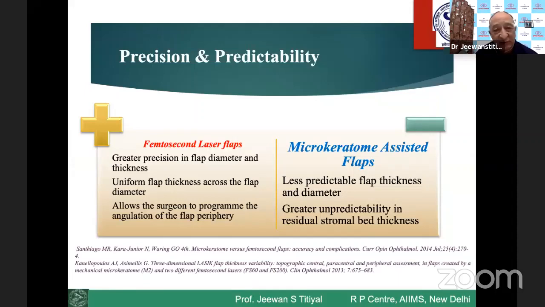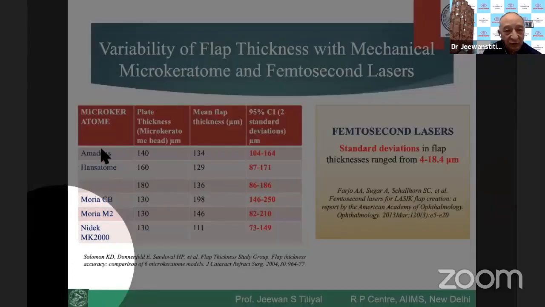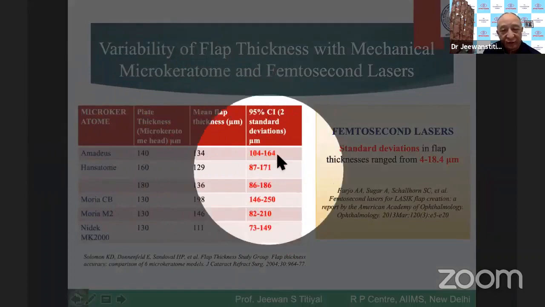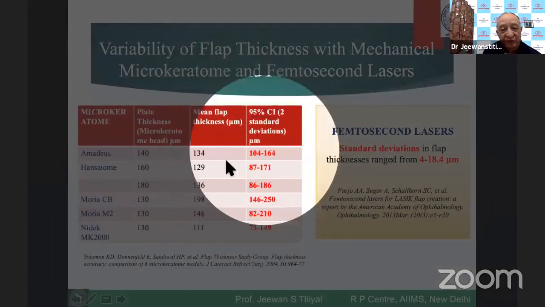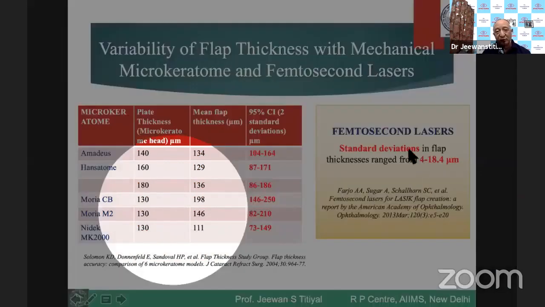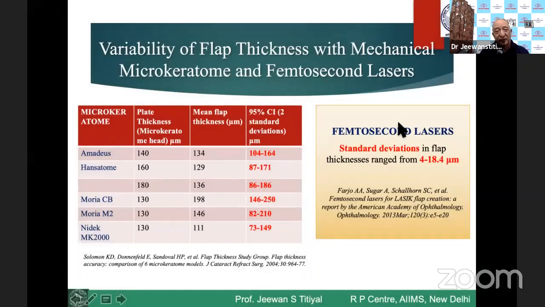It is the flap which makes a difference in these cases. See how much variability it can give you. If you use a keratome for making a flap, if you take 140, the range can be 104 to 164. The huge range deviation can occur in these cases. And femtosecond gives a more predictable cut, which can range from 4 to 18 microns. In our practice, it doesn't go beyond 5 to 8 microns difference from your calculation.